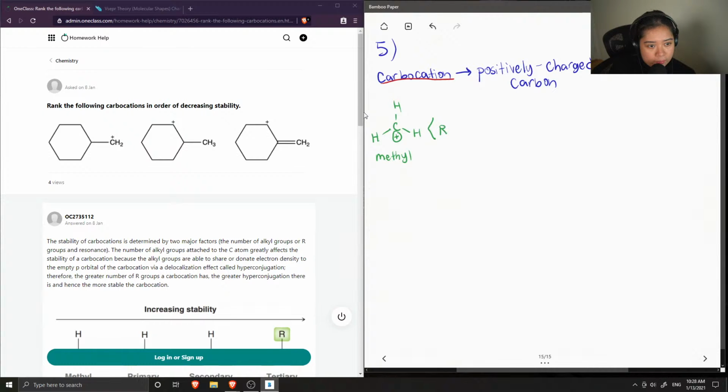Next, you can have a primary carbocation that is bonded with just another carbon group, and it can hold a positive charge. And it is a little more stable than the methyl, but still not as stable compared to a secondary carbocation, which, as you can guess, is bonded with 2 other carbon groups.